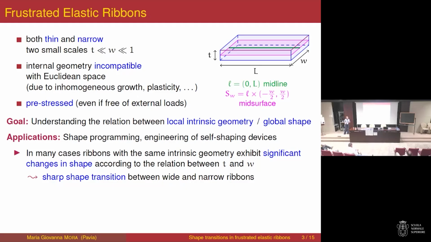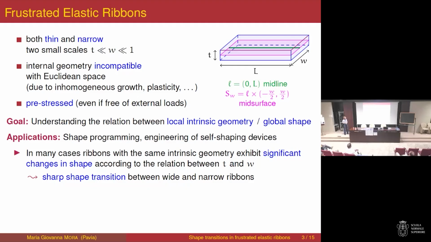If you have a material with some geometric incompatibility and you cut two ribbons from it, one rather wide and one rather narrow, in many cases these two ribbons at equilibrium will have a different shape, even if they are made of the same material. When this happens, one speaks of a shape transition when you pass from wide to narrow ribbons.